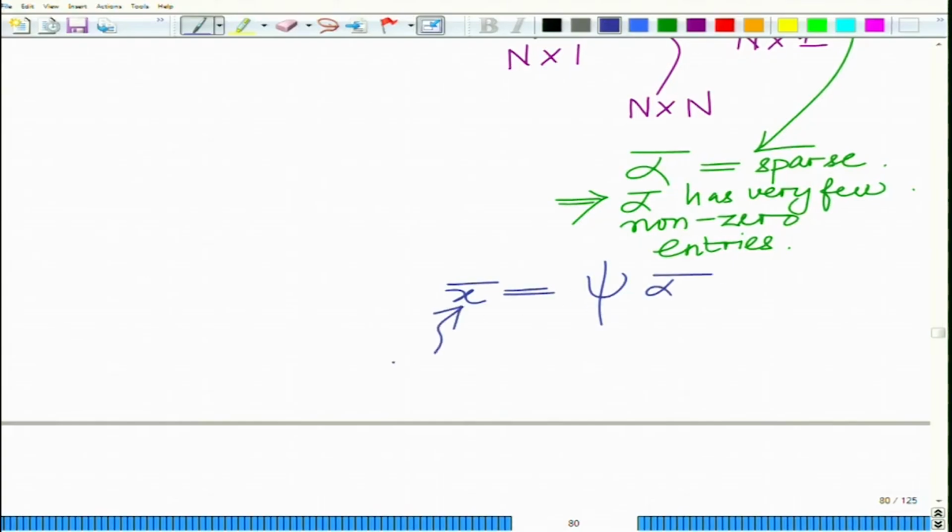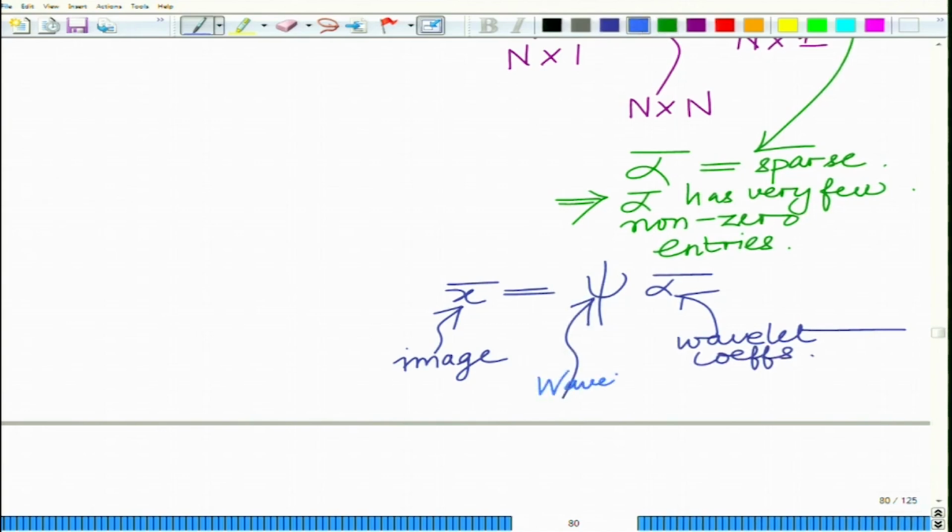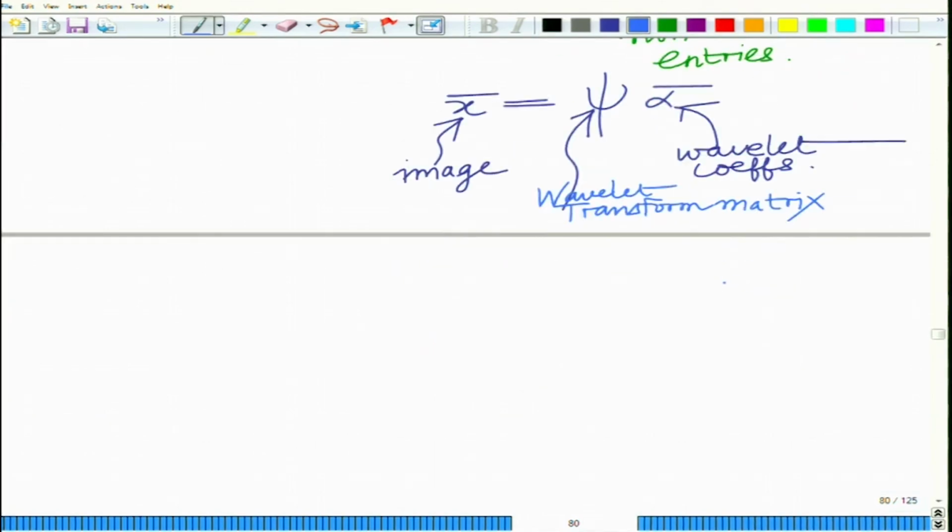Let us say this is the image, these are the wavelet coefficients and this is your wavelet transform matrix, a linear transform. Okay. So, x bar is sparse or x bar can be expressed in terms of alpha bar which is sparse.